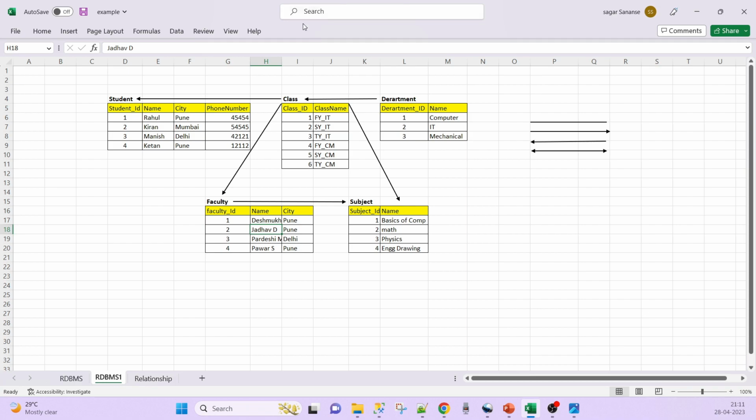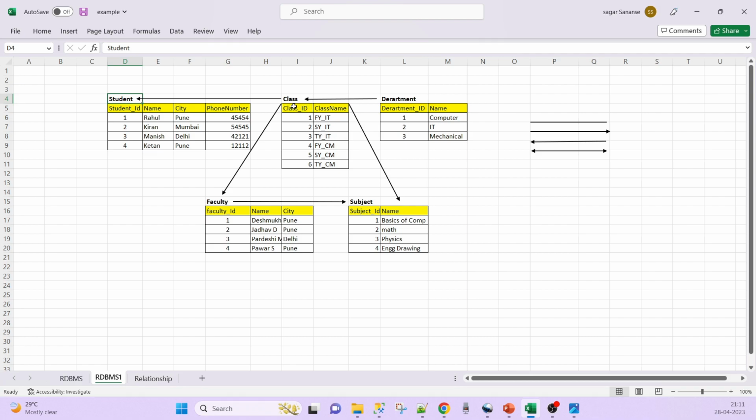Take one student and a class: a student belongs to one class. How is that relation built? One class has multiple students, so the relation is many to one, correct.